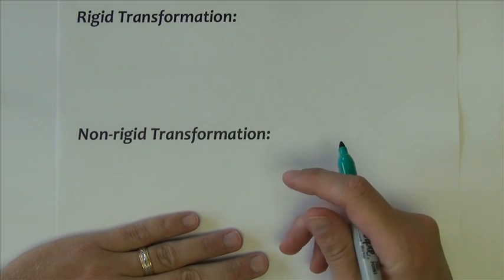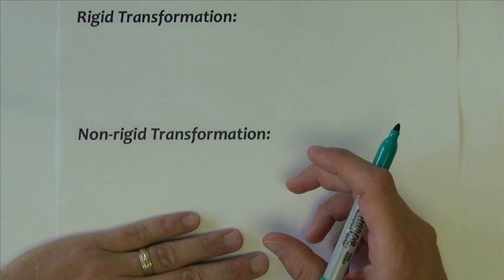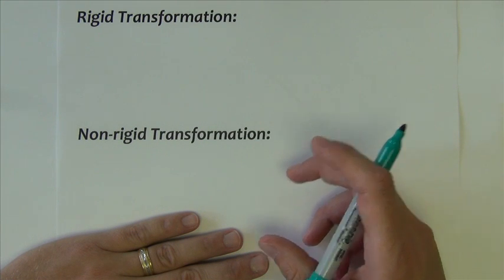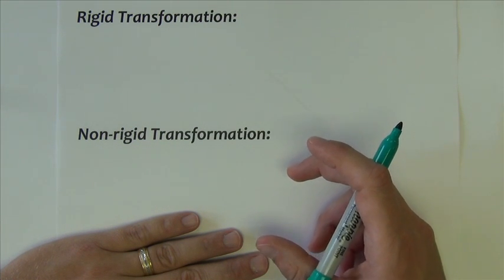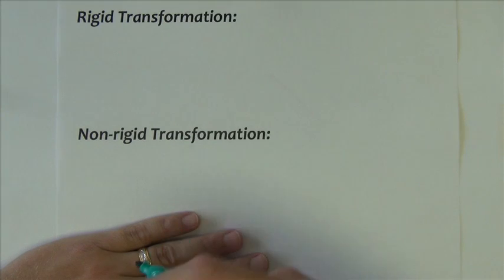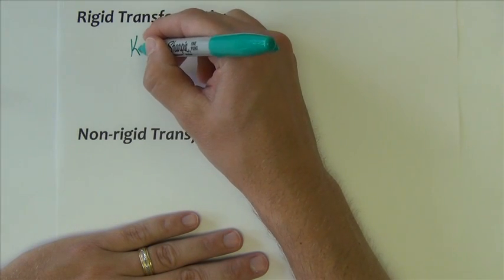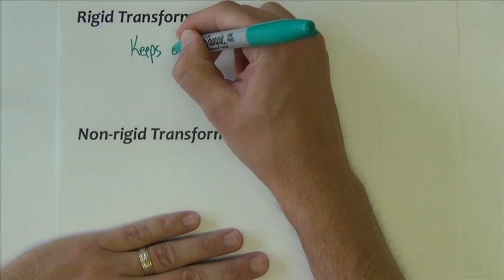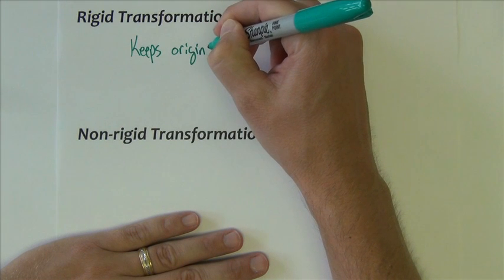Before we get into all the different transformations, I want to describe them all as fitting into one of two different types. We have rigid and non-rigid transformations. A rigid transformation is one that keeps the original size and shape.